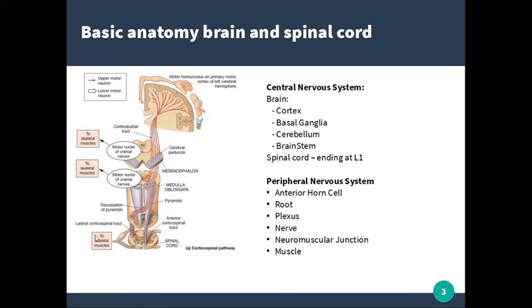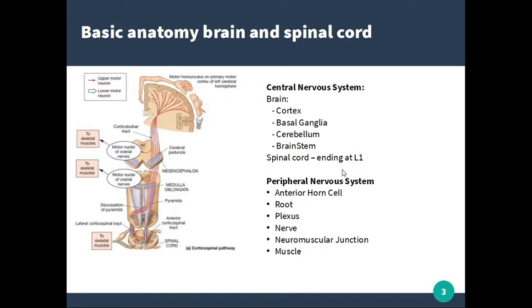Our nervous system is made up of a central nervous system, which consists of the brain, the cortex, the basal ganglia, the cerebellum and the brainstem, and this continues as the spinal cord ending at the level of L1. So L1 is the final level where your CNS ends.